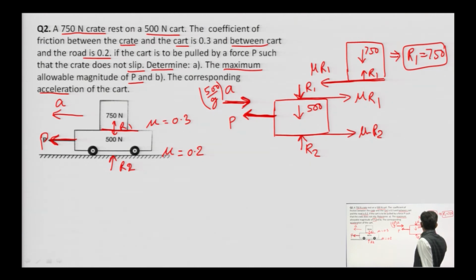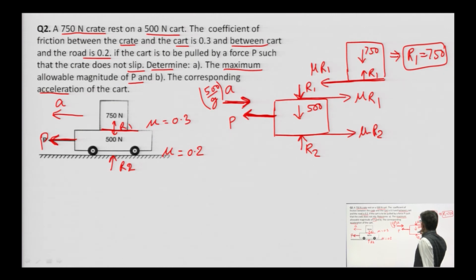What are the unknowns? Unknowns are P and A. R2 we can calculate here.